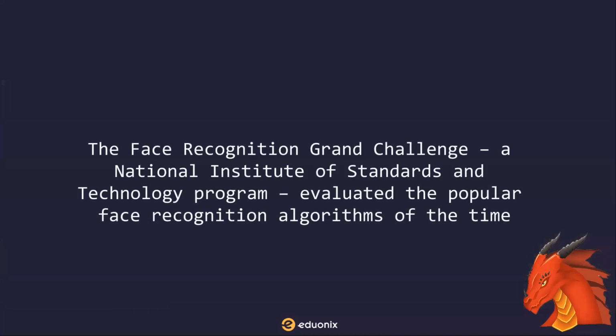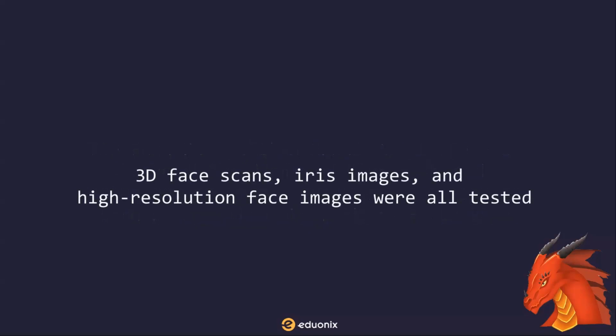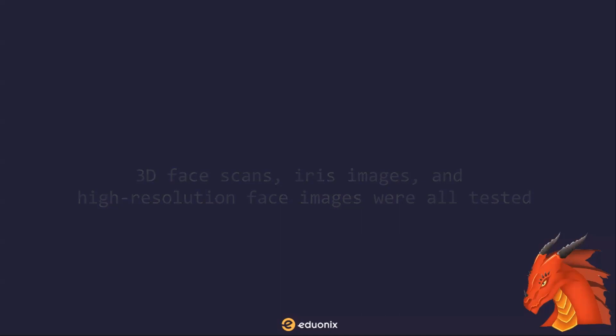In 2006, the Face Recognition Grand Challenge, a National Institute of Standards and Technology program, evaluated the popular face recognition algorithms of the time. 3D face scans, iris images, and high-resolution face images were all tested.